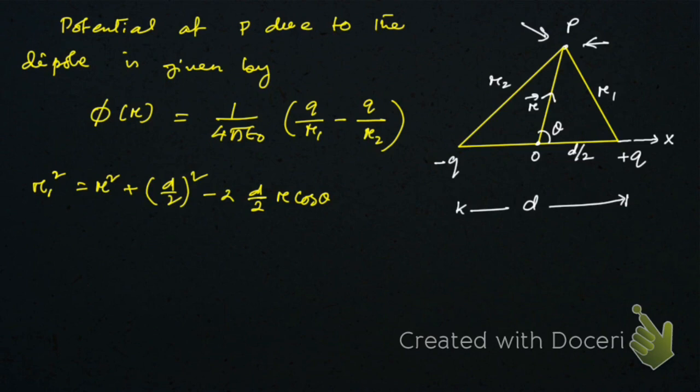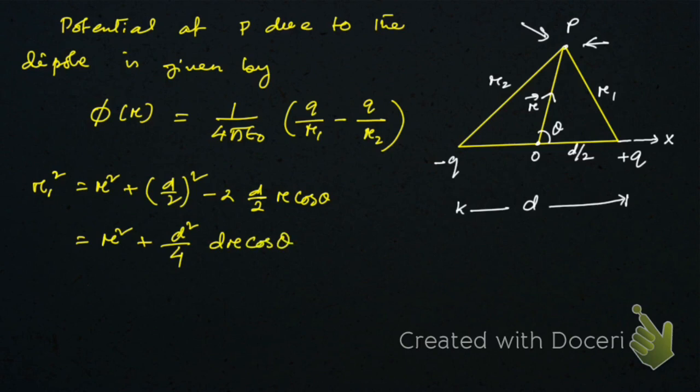So here you can see, this is r square plus d square by 4, and here you will get minus d r cos theta. That's what you should get.